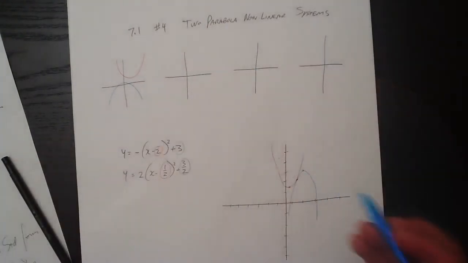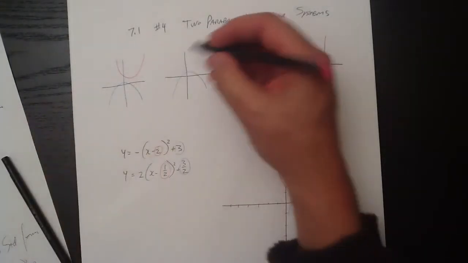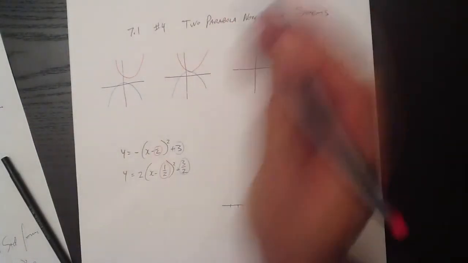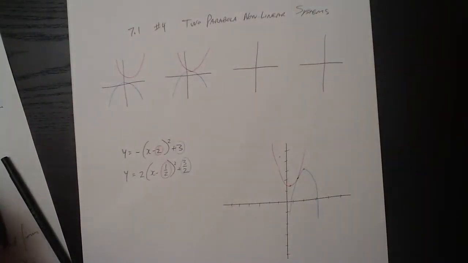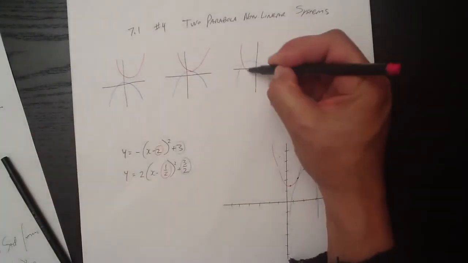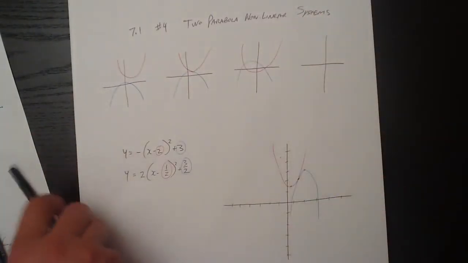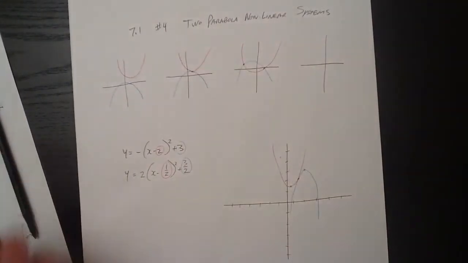It could be, like in this example, that you have two parabolas that only touch, they only intersect at one spot, and then there would be one solution. It could be that there are two parabolas that intersect like these two, where you have two solutions, one here, one here.